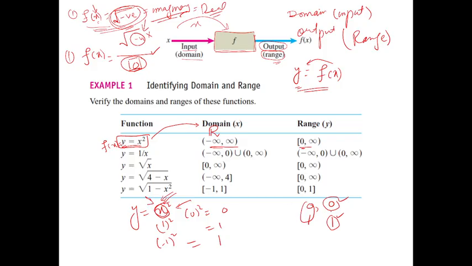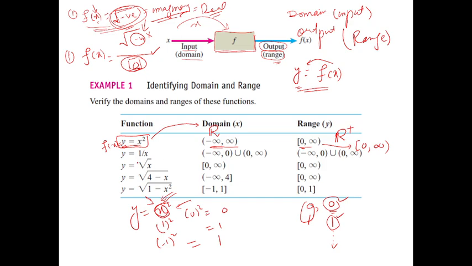So the smallest value is 0 and the maximum value may be any one. So its range is positive real numbers including 0. So we can write this as 0 to infinity.